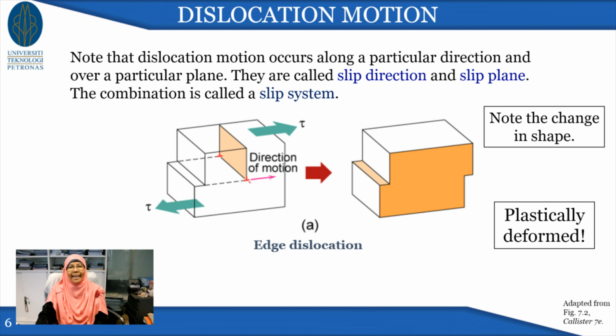This is shown in the schematic, where you have a block with an edge dislocation, and with the application of a shear force you force this edge dislocation to move from the center to the right side of the block. With that movement, you have changed the shape of the block. When you change the shape of a block permanently, we call it permanent deformation, or plastically deformed.